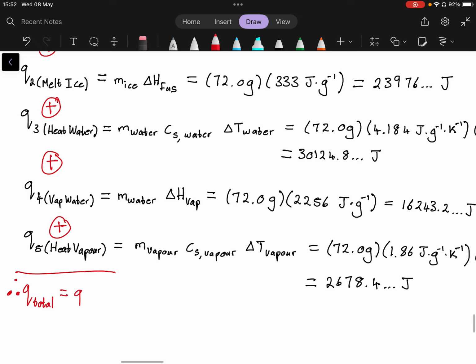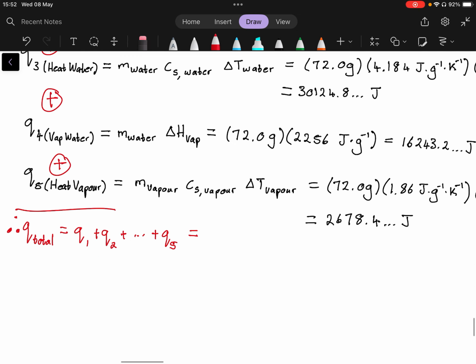So Q total is equal to Q1 plus Q2 plus to Q5, and that should be equal, rounded to three significant figures, 74.5 kilojoule, or 74,500 joule.